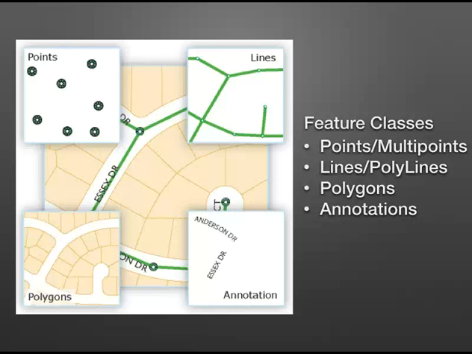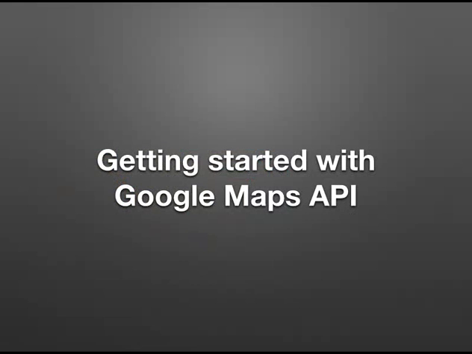That would describe, for example, the boundary of a property on a map. The polygon is going to contain many points, a closed area of points and lines. And then annotations, which are just labels on top of the maps themselves. Those are generally the features that you're going to be using on a map when you're working with the APIs and so forth.